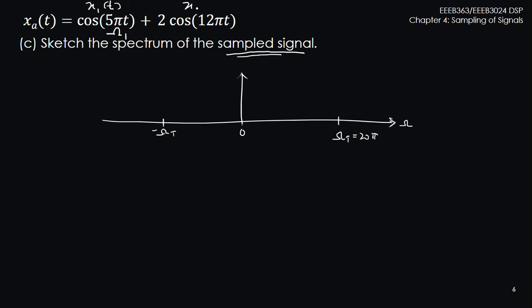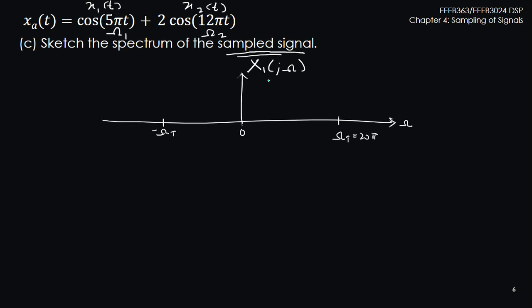Let's call the second part x2t with a frequency of omega 2. So this graph, let's draw one at a time. Let's draw X1 j omega. As you know, capital X1 j omega is the spectrum of x1t.